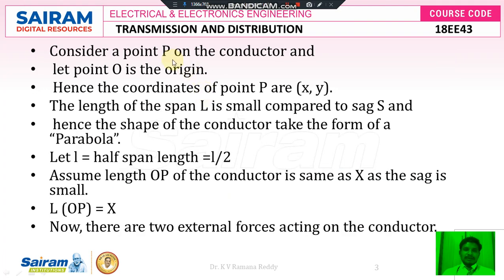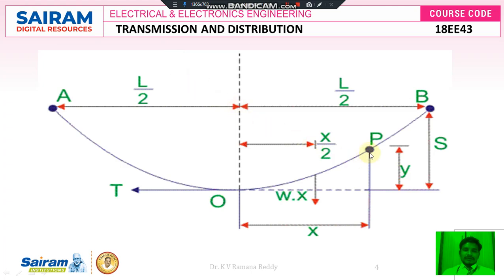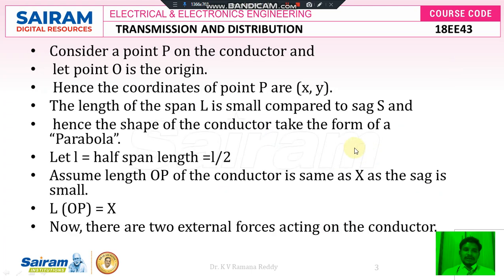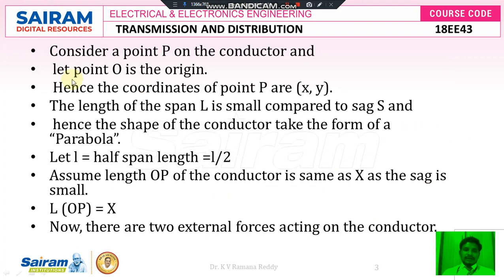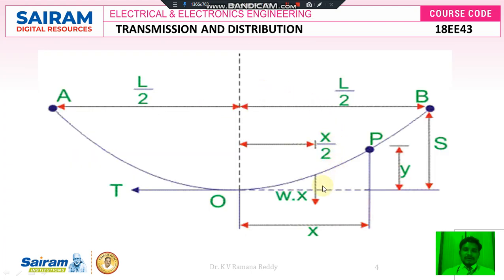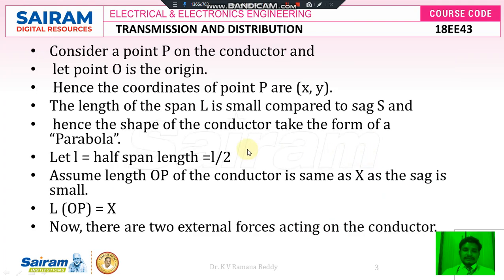Consider a point P on the conductor, and let point O be the origin for the entire sag of this conductor. Hence the coordinates of point P are x comma y, where y is on the y axis and x is on the x axis.